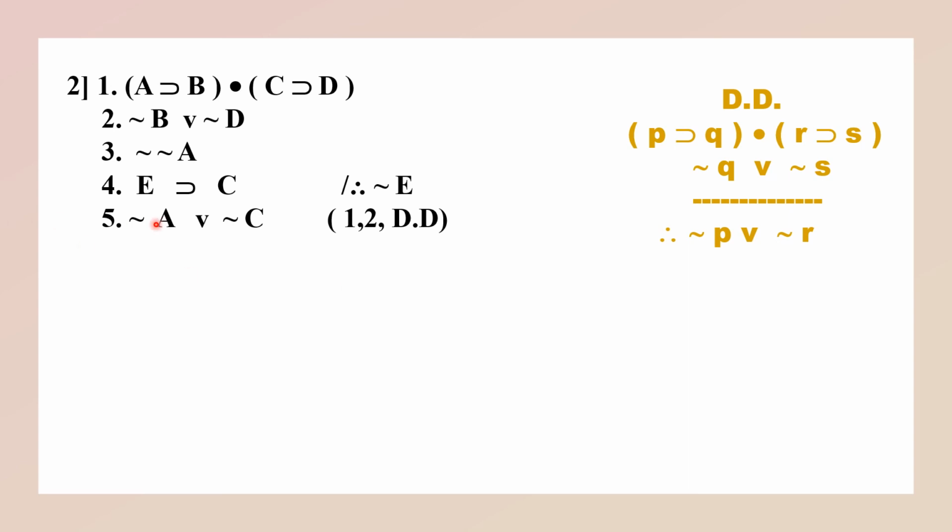Now here you can see that it is a disjunctive proposition and the first disjunct is not A. So its negation is A. So you can get the second disjunct by DS rule.